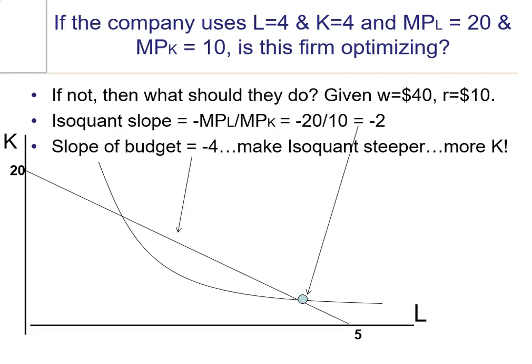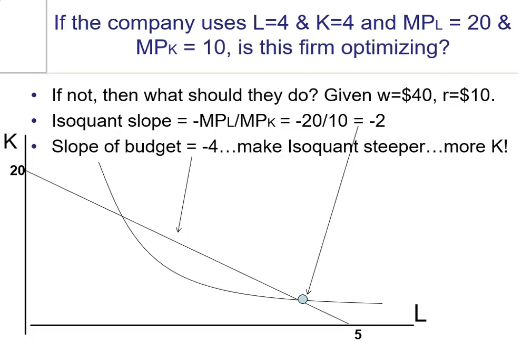Workers are 4 times as expensive when you have 4 workers and 4 machines. So, is this company optimizing? Clearly not, because what you want to do is have your ratio of marginal products be equal to your ratio of input costs, wages and rental prices. So that's the intuitive approach.